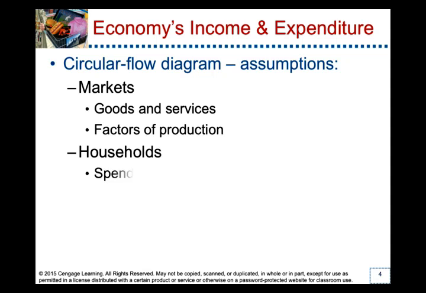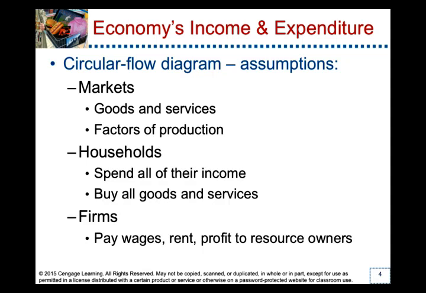If you remember the circular flow diagram, we can discuss it a little bit again. In the circular flow diagram, the assumptions we made were that we had two markets. One was the market for goods and services, and the other was the market for factors of production. And then we had two actors in the economy.